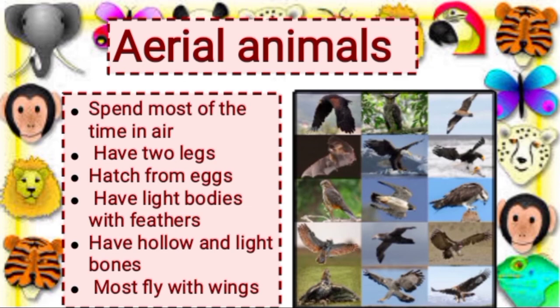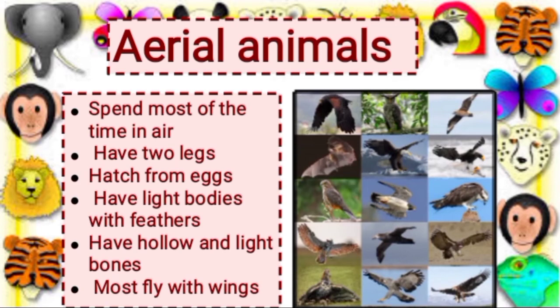Now let's understand about aerial animals. These are animals that can fly and spend a lot of their time in the air. Such animals have hollow bones that make their bodies light, and they have one set of limbs modified as wings to help them fly.